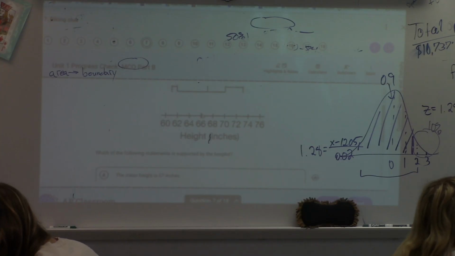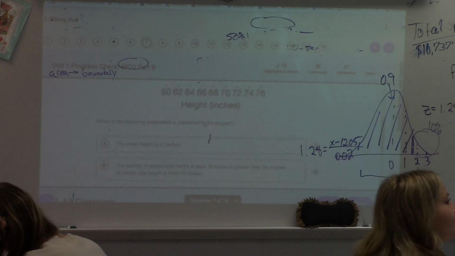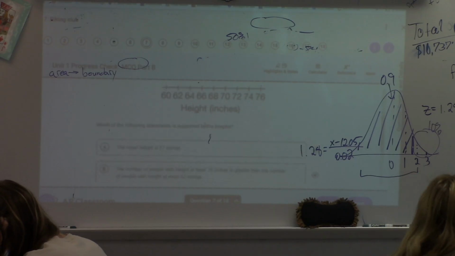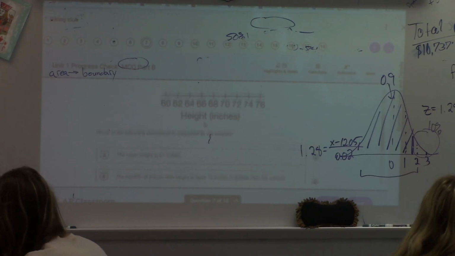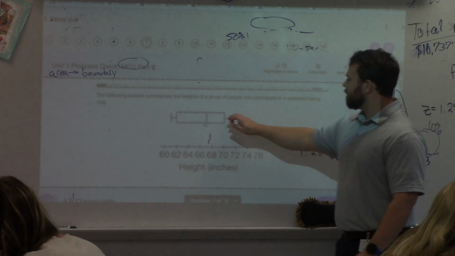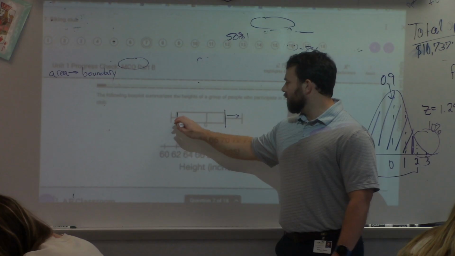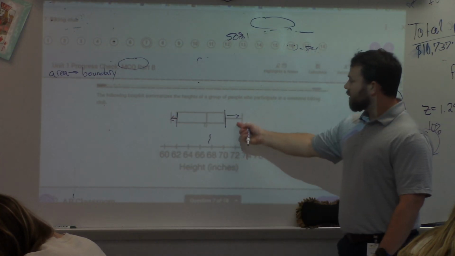They don't have means, right? They have a median. So there's a median of 67. The number of people with a height at least 70 inches is greater than the number of people with at most 62. No. So 70 is here. That's the Q3 to the max. And 62 or less, I mean, that's a longer tail, right?